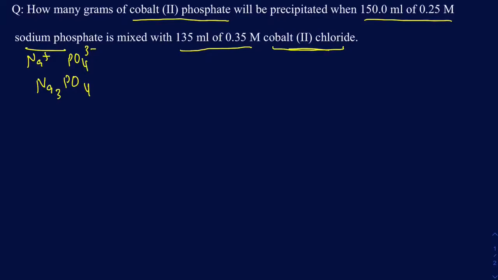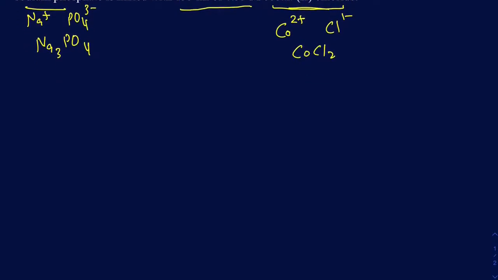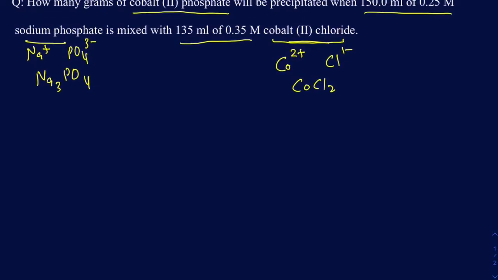In this particular case, cobalt has a 2+ charge and chloride has a 1- charge. So when I put the formula together, it's going to be CoCl2. All right, so now let me go ahead and write down the equation.